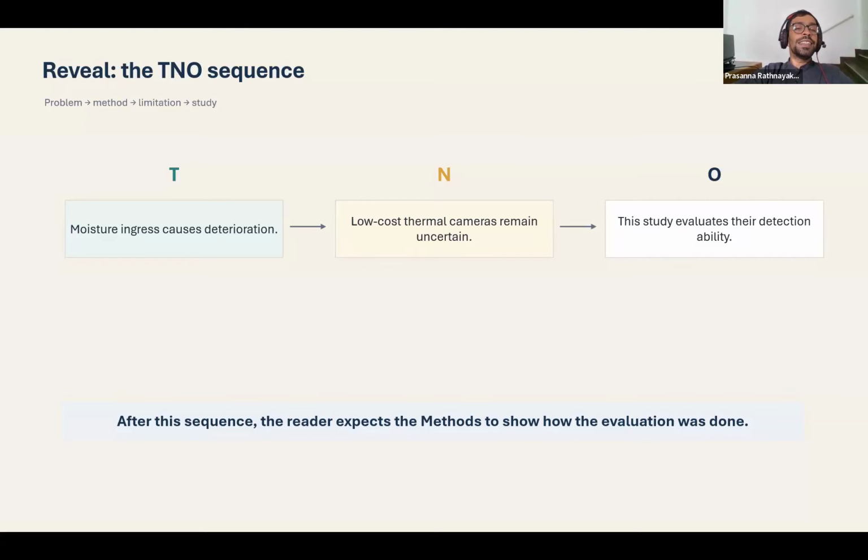The thermal cameras. So the territory should be thermal. You see? Now this is set for CBDA order, but if we are looking at BCDA order, the territory is not moisture ingress, but what? Thermal cameras' detection ability to put a solution for that. All right.